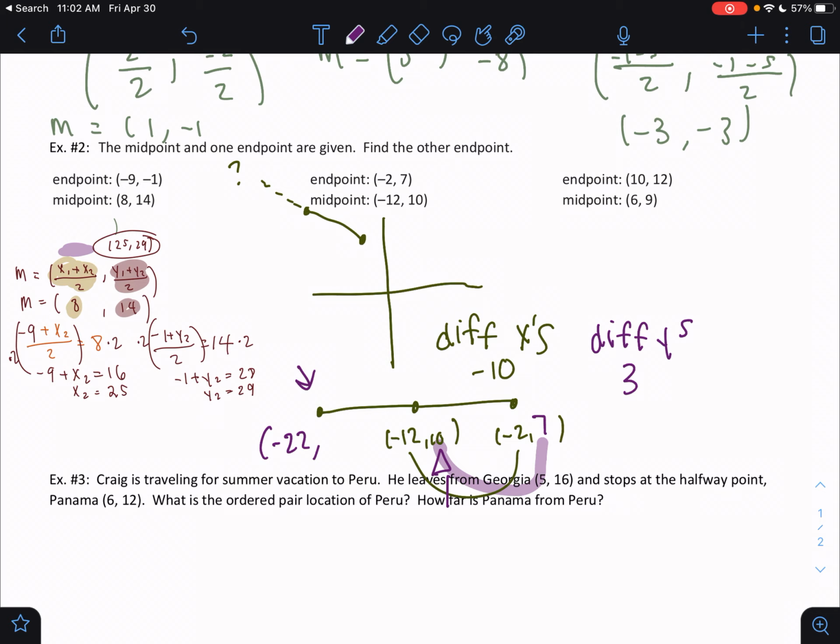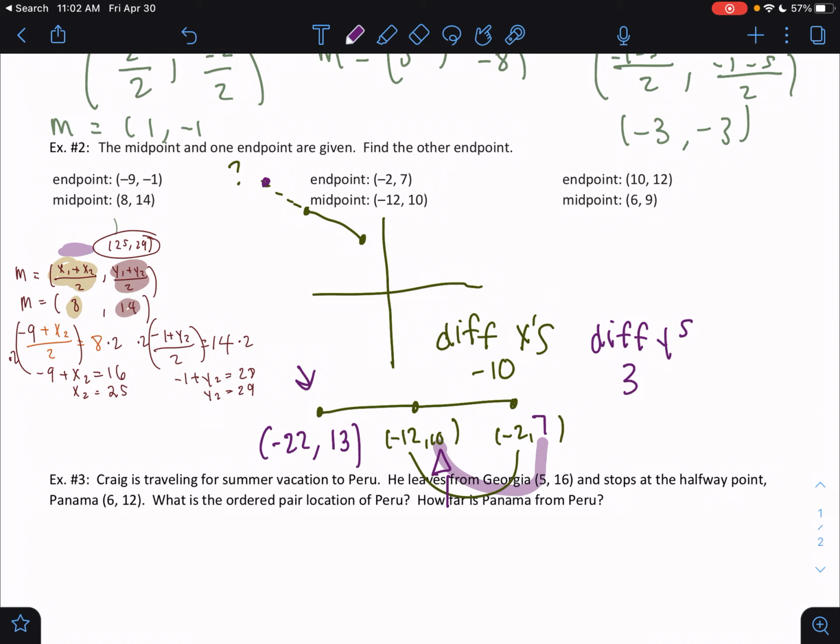Oh, sorry, from 10 to 7 we subtracted 3, so we want to add 3 this time. So 10 plus 3, so we'd have 13. So our point would be -22, 13.